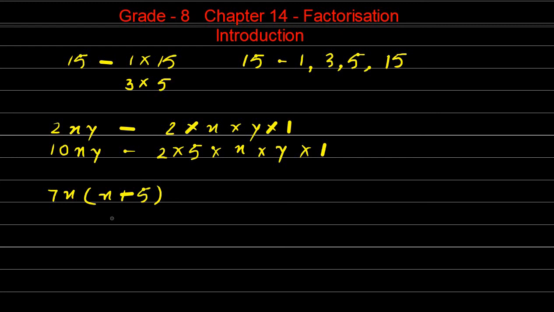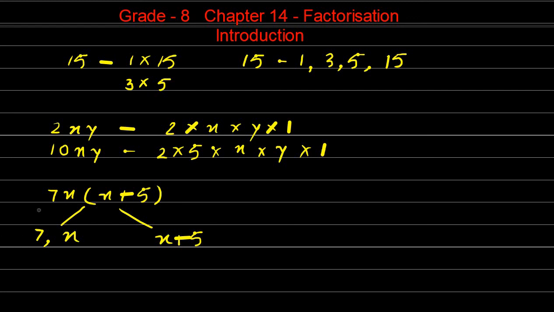So for x plus 5, we cannot take separate factors x and 5, because x plus 5 is a factor itself. So its factors are 7, x, and x plus 5 as a complete factor. For this algebraic expression, you can see 7x and x plus 5 are its factors.